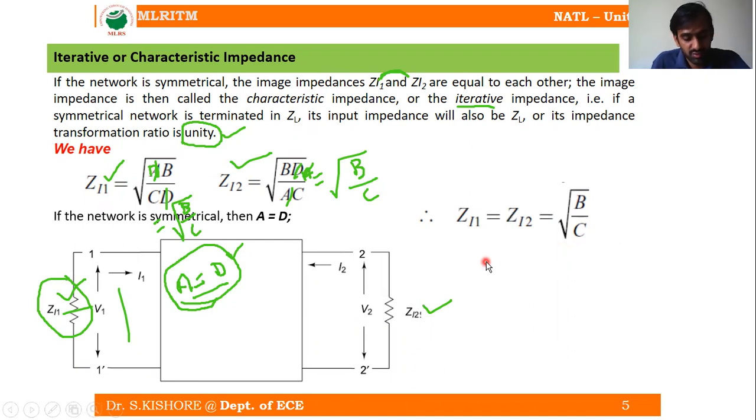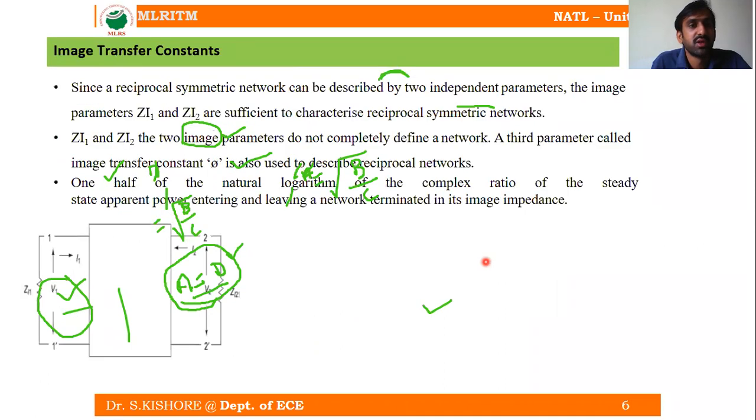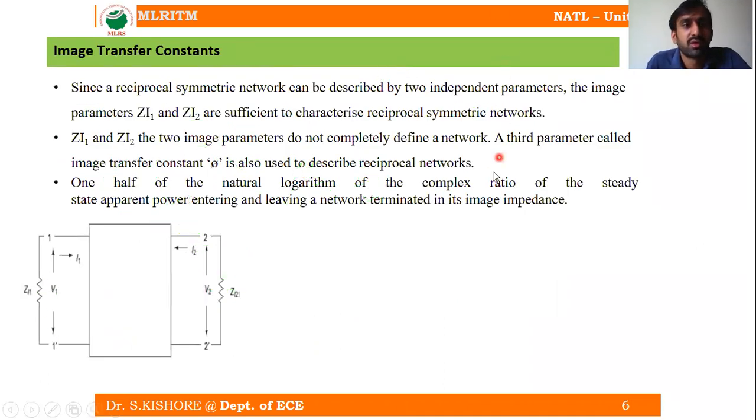The next important parameter is the image transfer constant. Since we have a reciprocal symmetrical network, we have discussed it using only two independent parameters, B and C. The image parameters Zi1 and Zi2 are enough to characterize these symmetrical networks, because both are equal.